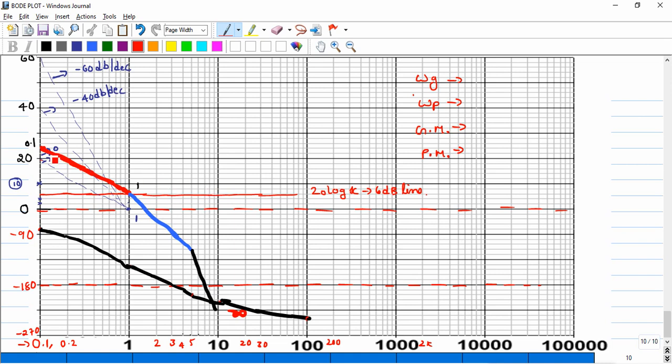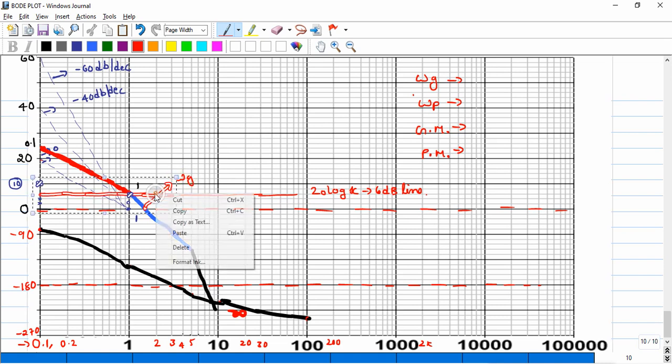See our magnitude plot, okay, this is the magnitude plot. It will cross the 0 dB line. This particular value we call it as omega g, gain crossover frequency. And the same way we have the phase angle plot, which will cross over minus this particular value, okay.